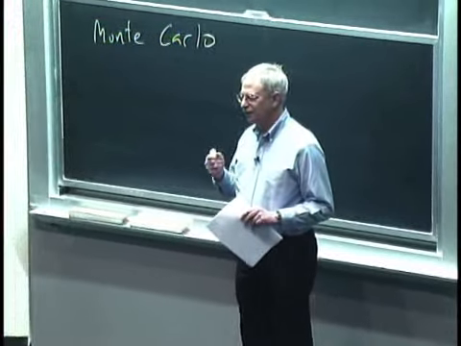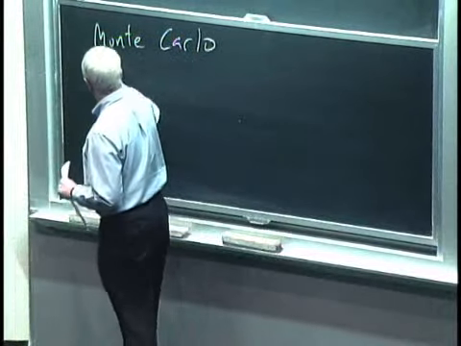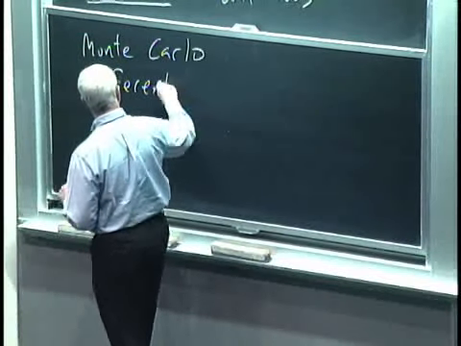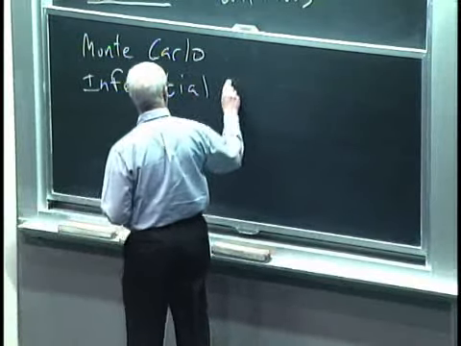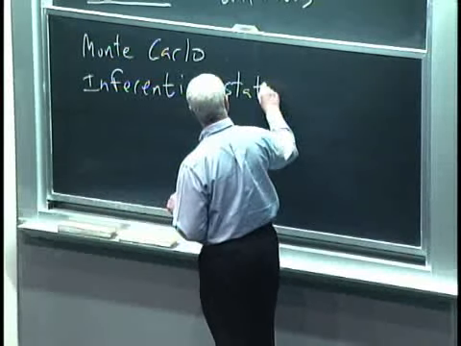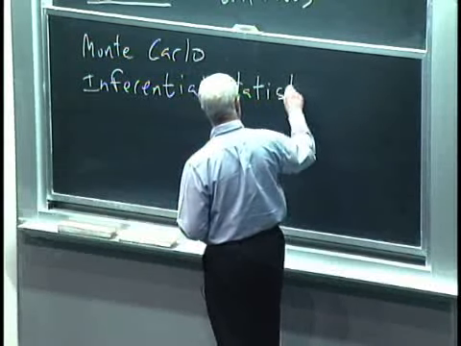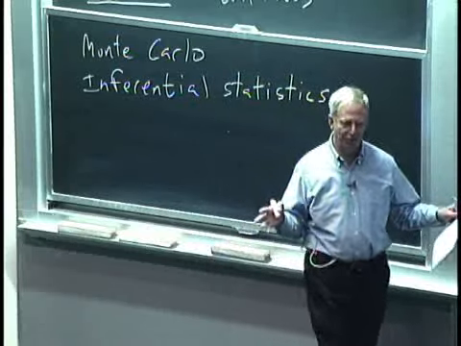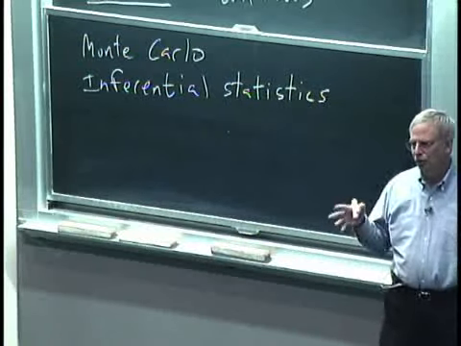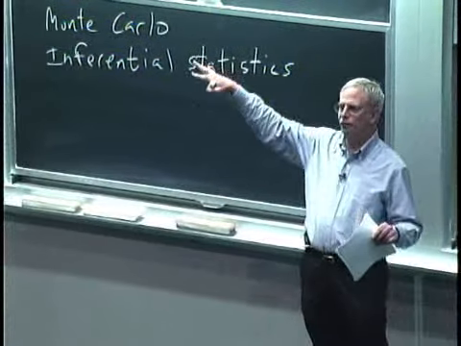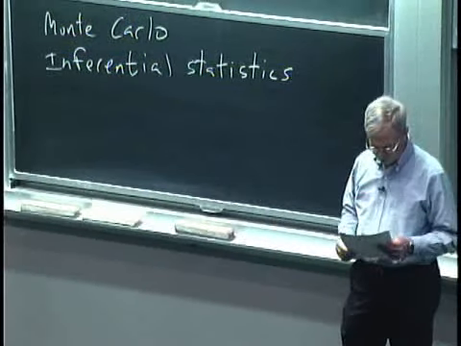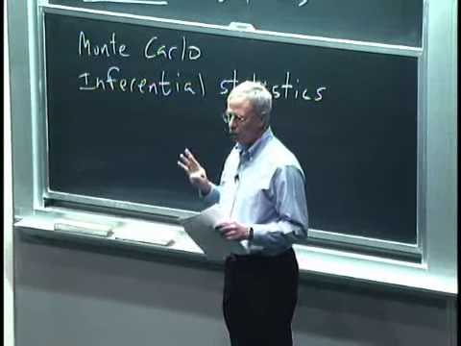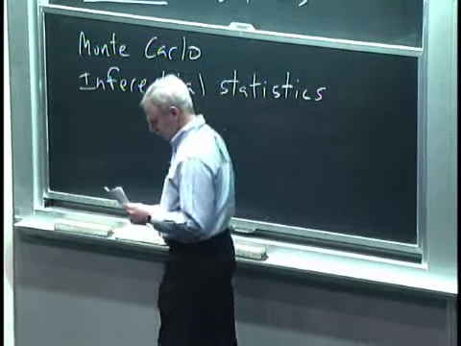What is it that makes this approach work? And in some sense, I won't go into a lot of the math, but I would like to get some concepts across. This is an application of what are called inferential statistics. You have some sample size, some number of points, and from that you try to infer something more general. We always depend upon one property when we do this.